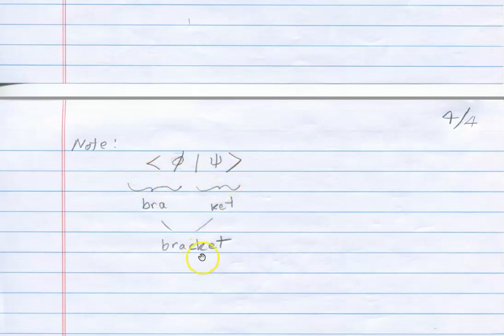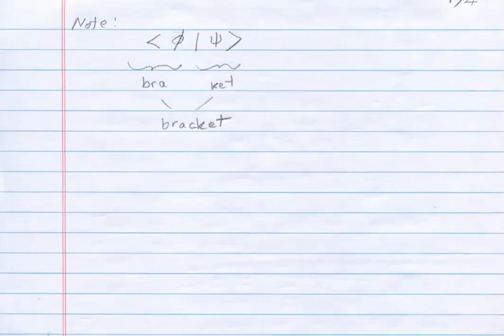It forms a number, a numerical value, and so it forms a bracket. We bracketed these two, and so the Bra part comes from the first three letters of bracket, and the Ket part comes from the last three letters. So that's some notation for Bra and Ket vectors.